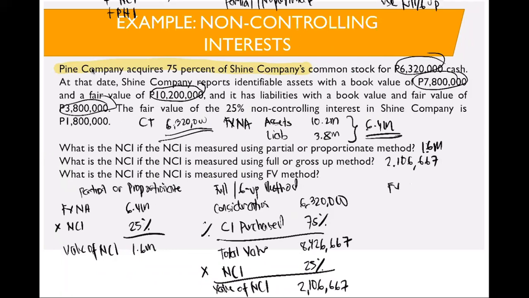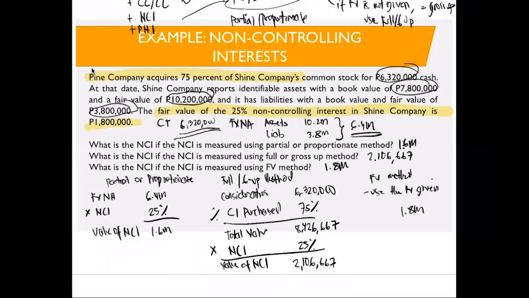Next, what is the NCI if the NCI is measured using fair value method? If fair value method, I told you, just use the fair value given. So what is the fair value given? The fair value of the 25% NCI is 1.8 million. So our answer is 1.8 million.